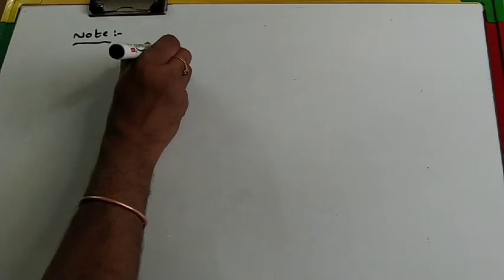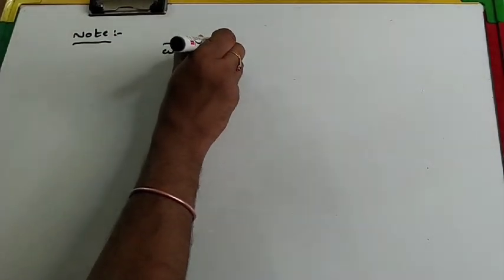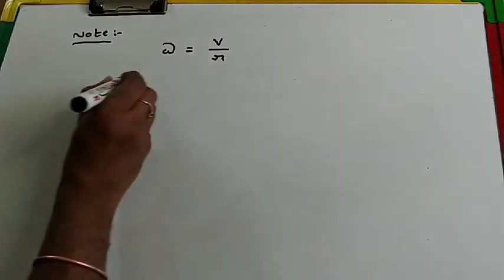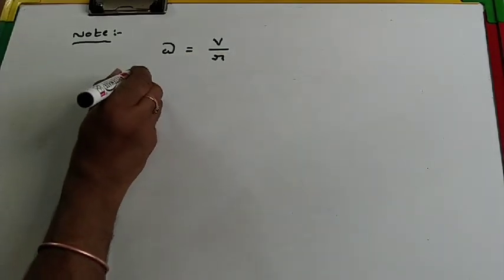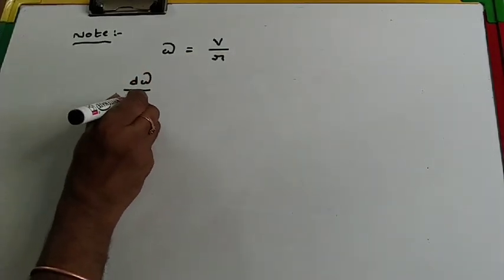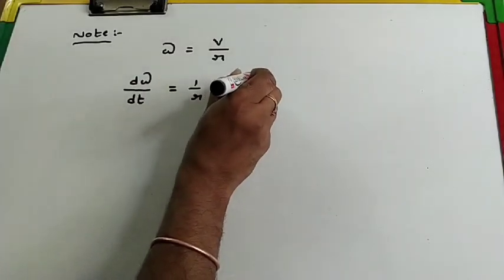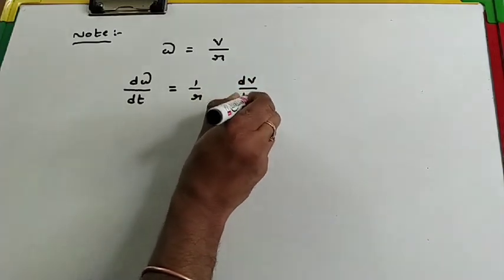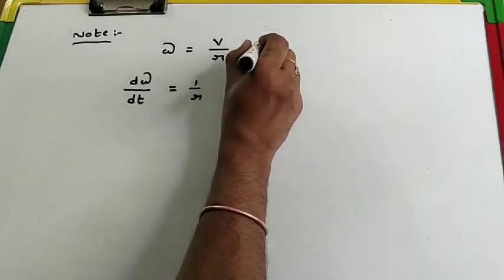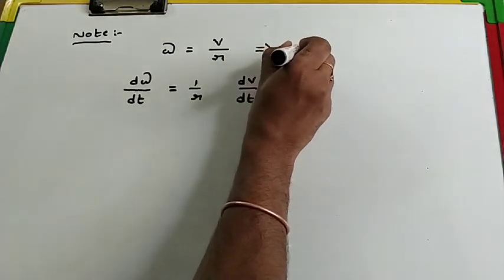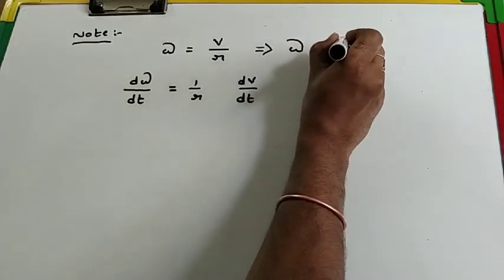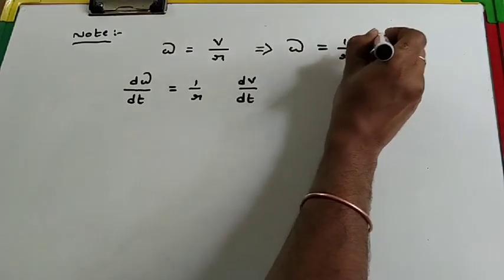Now, note: omega is equal to v by r, and d omega by dt is equal to 1 by r into dv by dt. That means I wrote this as omega is equal to 1 by r into v.